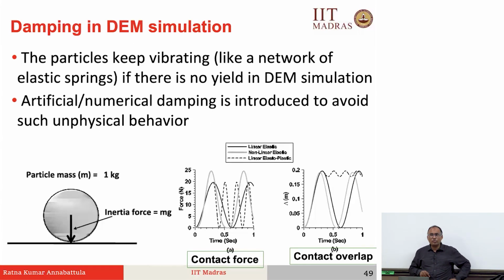And hence, although you are using purely elastic contact without any plasticity possible, what we will do is introduce some sort of artificial damping into the system. That artificial damping will mimic the physical behavior of the system, and we call it numerical damping in several DEM simulations.